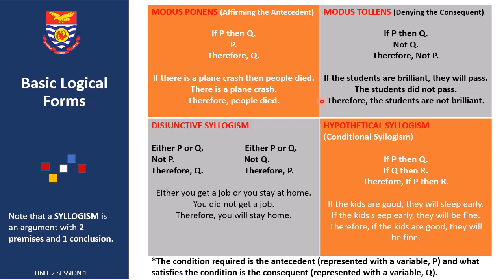It is valid because the conclusions are necessarily derived from the premises, and they follow exactly what the premises have already stated. The fact that the conclusion is derived from the premises makes it a deductive argument.